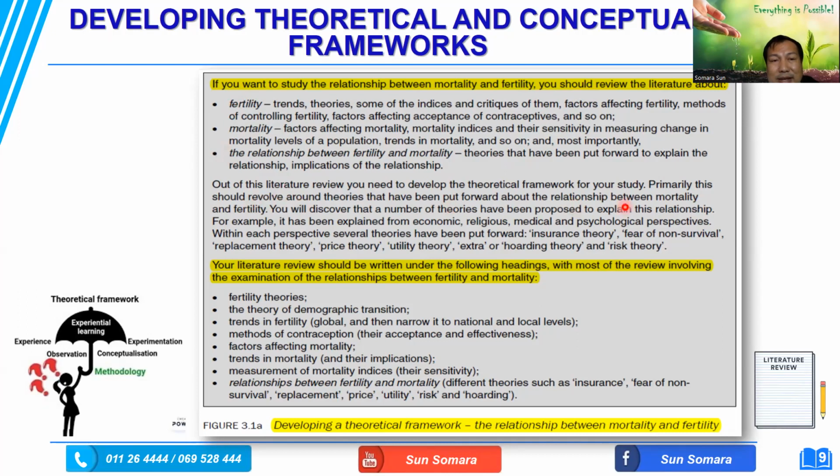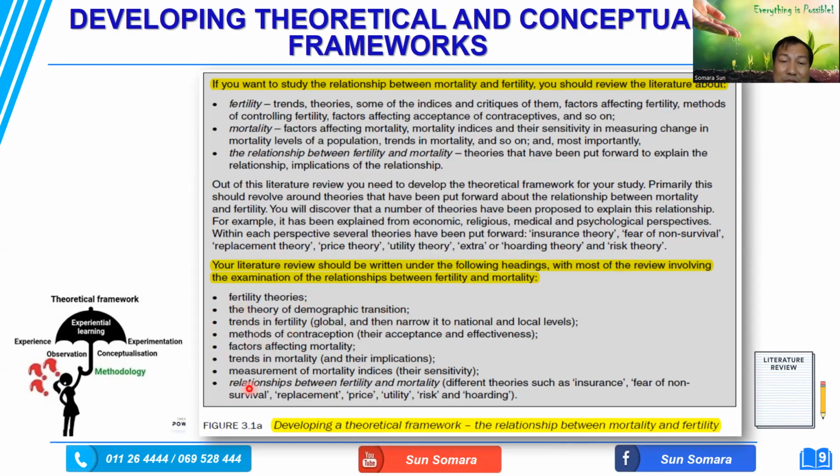And then you can say your literature review should be written under the following headings, with most of the review involving the examination of the relationship between fertility and mortality. Here again are some theories that have been studied: fertility theory, the theory of demographic transition, trends in fertility.